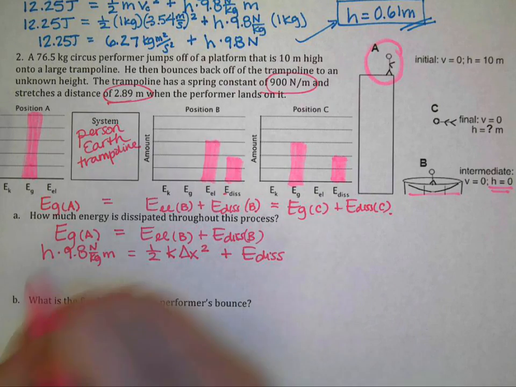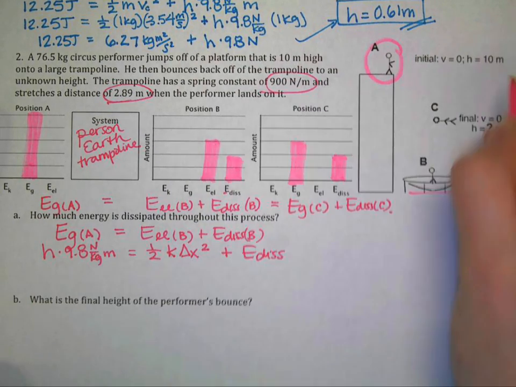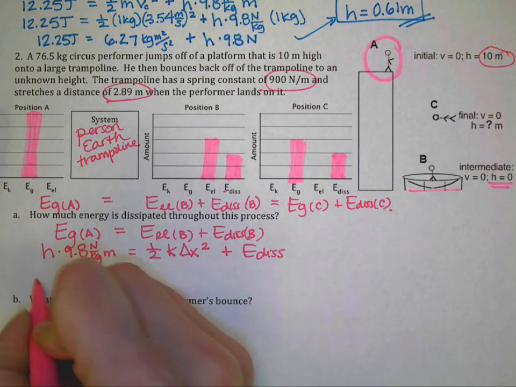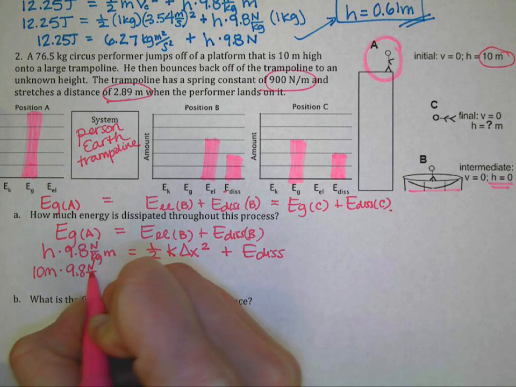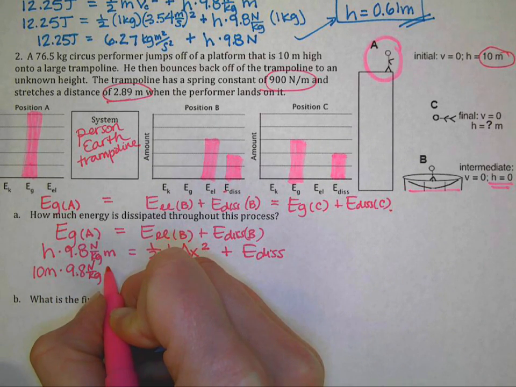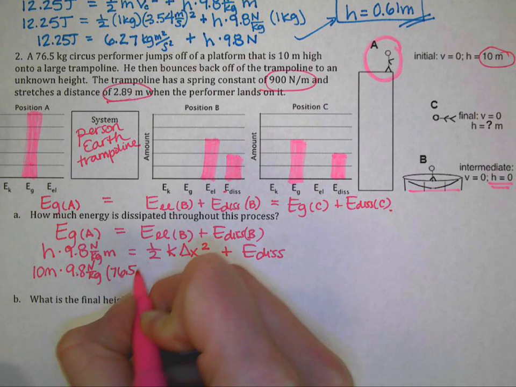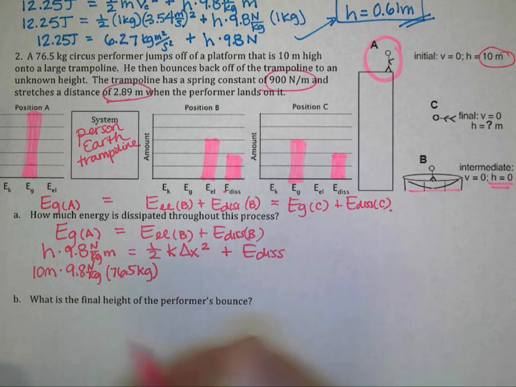Plugging in our values, his height is 10 meters at position A, times 9.8 newtons per kilogram, times the mass of 76.5 kilograms.